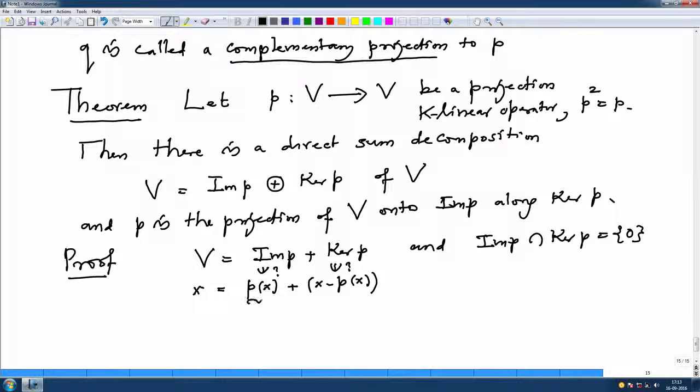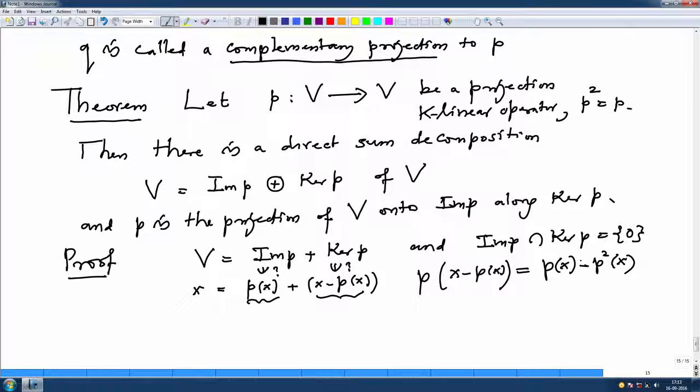Visibly this Px is in image P because it is P of somebody. Now, I want to check this is in the kernel P, that means when I apply P to this it should become 0. So, apply P to x minus Px. P is K-linear, so it is Px minus P compose P, which is P square of x.